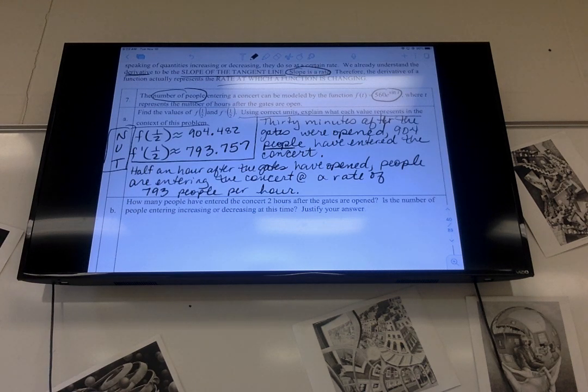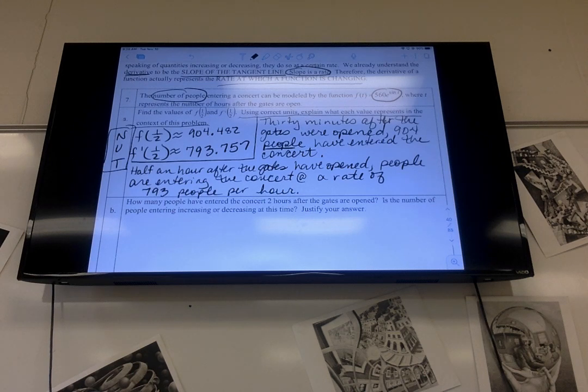How is there more people? Because it's a rate. So then you would put it at an hour, because if you would double that, 904 was how many people got in 30 minutes, but 793 is less than that, so you know it's not in the same time frame. Okay, that makes sense. That confused me.